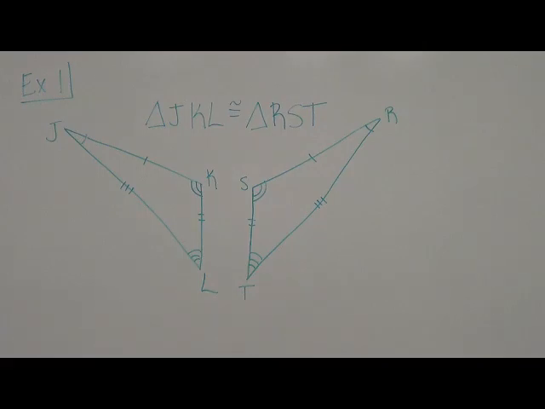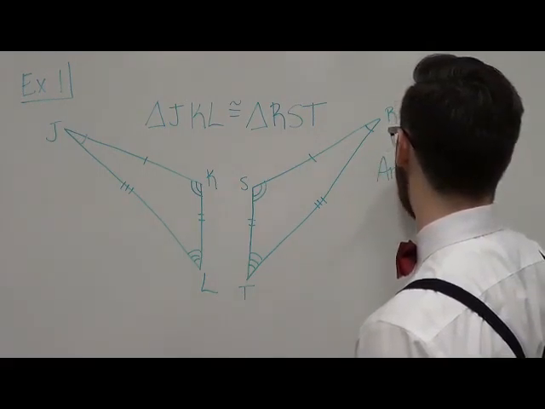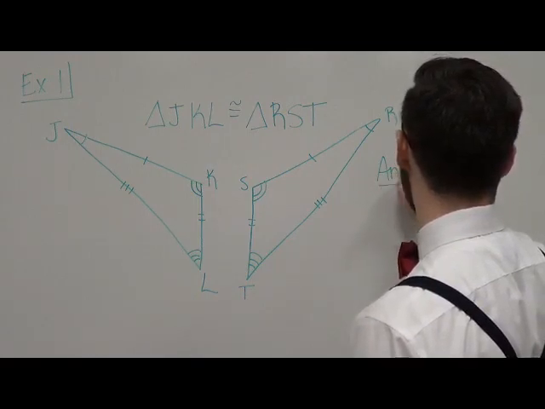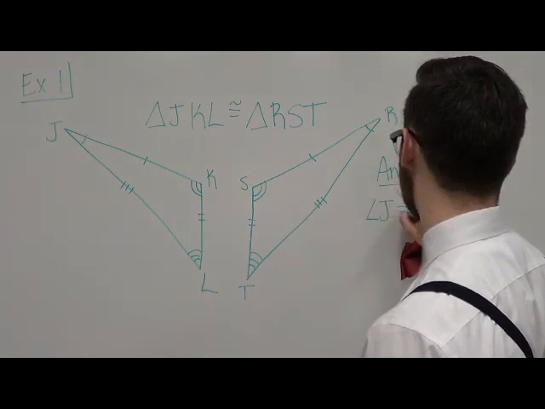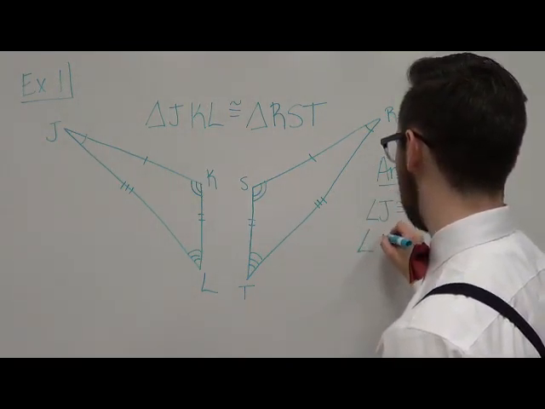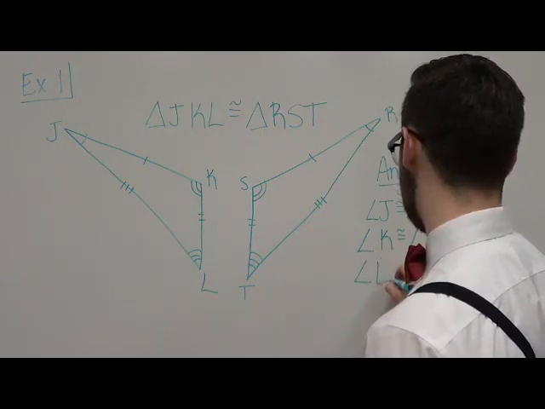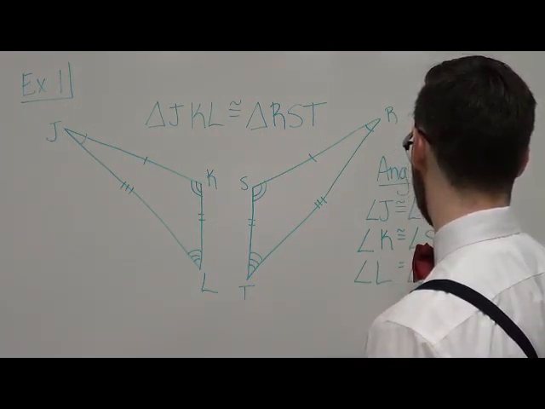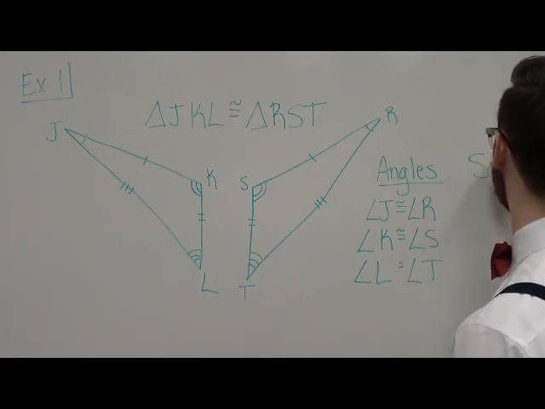So if they ask you to name corresponding parts, some of the questions in the homework may ask you to name corresponding parts. If they ask us that, the angles, we would say angle J is congruent to angle R, angle K is congruent to angle S, and angle L is congruent to angle T. And then we have to go through and do the sides.